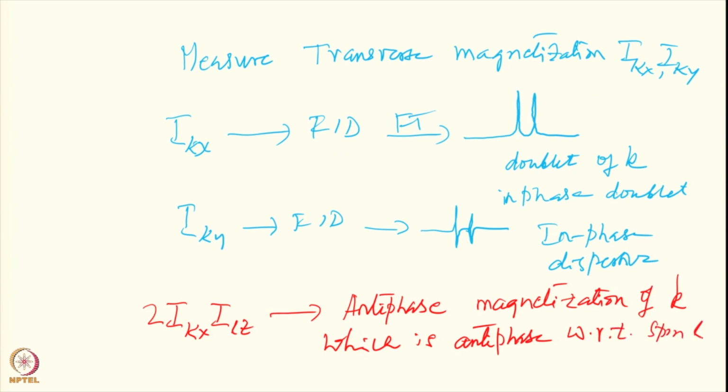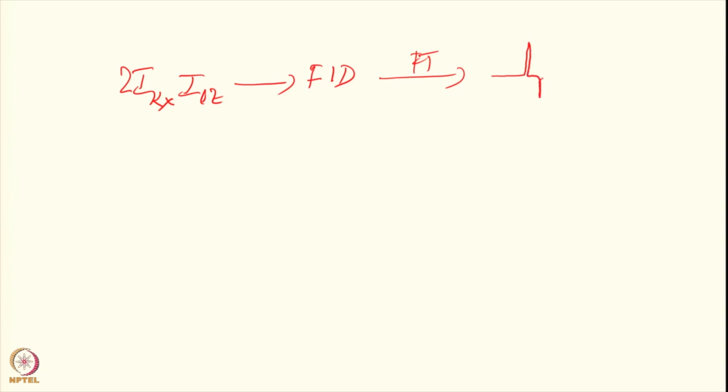What does that mean? If I take a term like this, 2 IKX ILZ, it evolves during the FID, because generating an FID means various kinds of evolutions will happen, and then I do a Fourier transformation and collect the signal. This will generate the same two lines, but they will have an appearance like this.